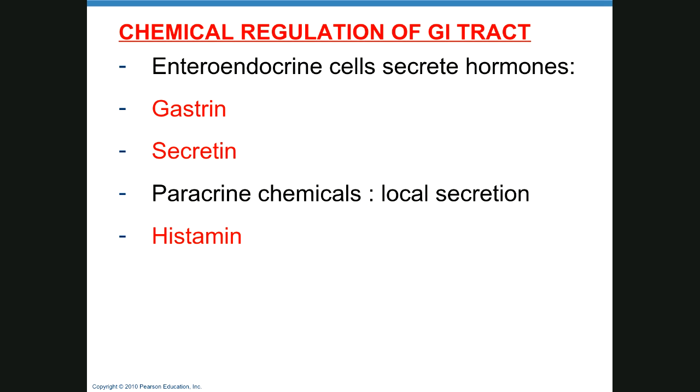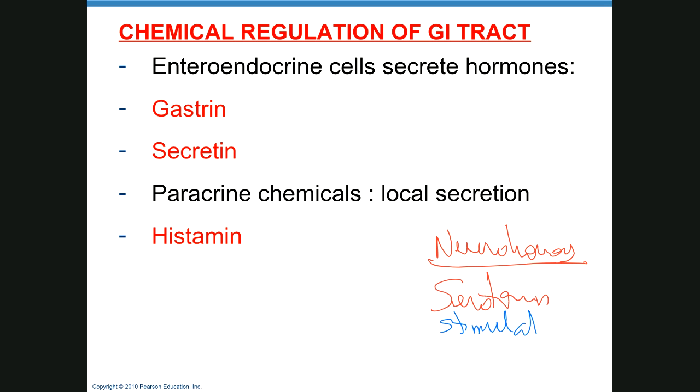So we talked about serotonin as a hormone, in this case neurohormones, and it will be stimulatory, whereas norepinephrine is going to be inhibitory. And it can also be a neurohormone when it's secreted by the adrenal medulla.